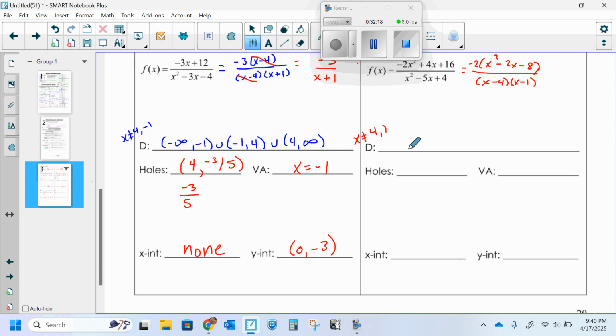I'm getting my domain all set up here. Everything but 1 and 4. All right, so that's going to be a negative 2, x minus 4, x plus 2, over x minus 4, x minus 1.